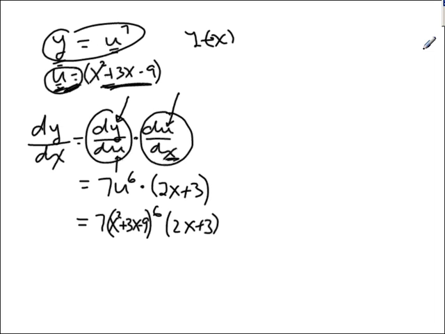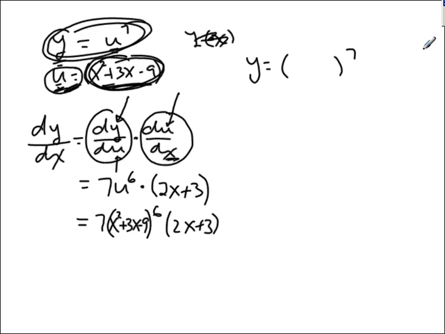There it is. Now, personally, I would have done the problem this way. y is equal to u to the 7th. That's what I was told. But I was told what u is. Put this right there, right where u is. That is, y is really (x squared plus 3x minus 9) to the 7th.